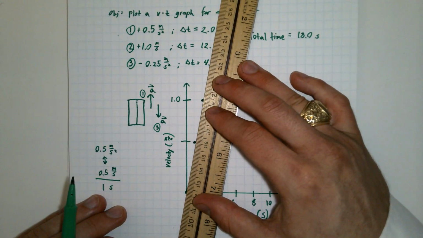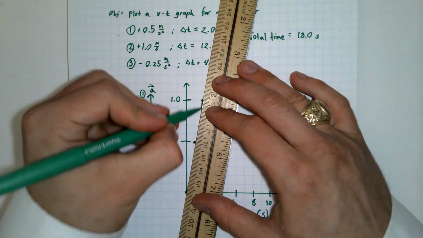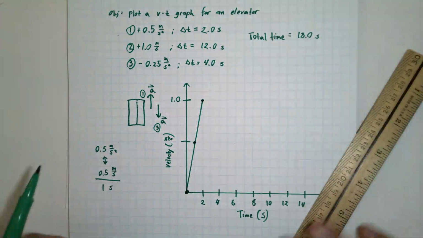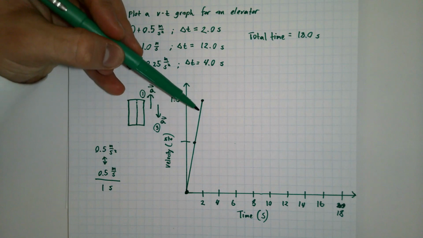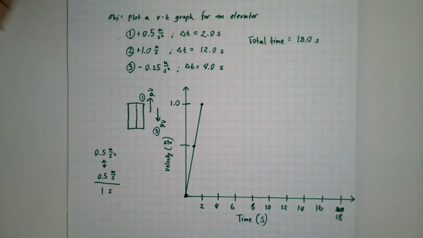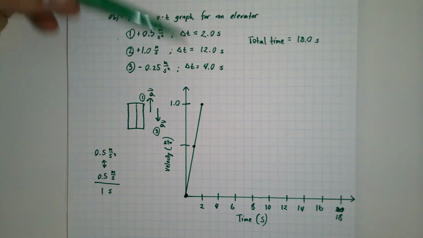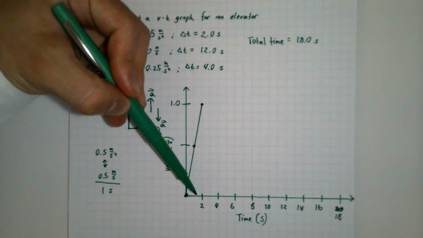Now, if I analyzed the slope of my graph so far, again, this is a velocity time graph that so far describes the first movement that my elevator has made, in that it accelerated over a 2-second period. Here's my 2-second period.